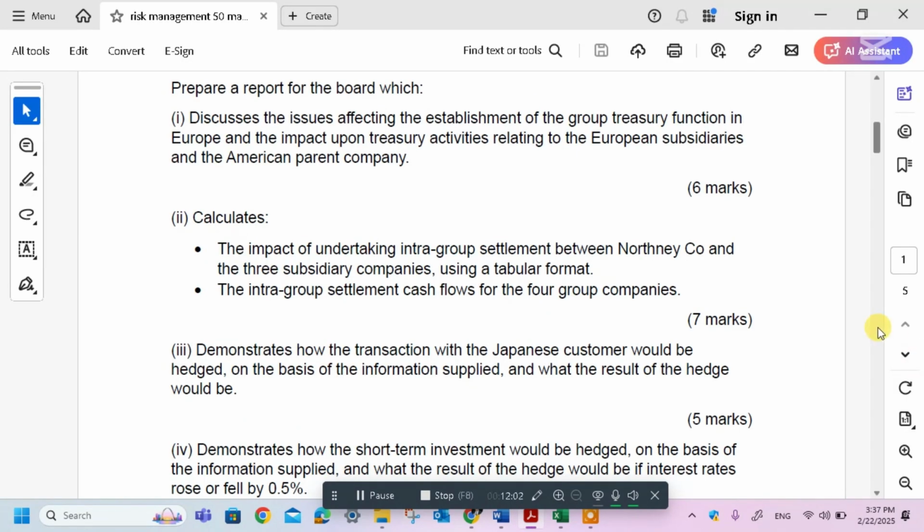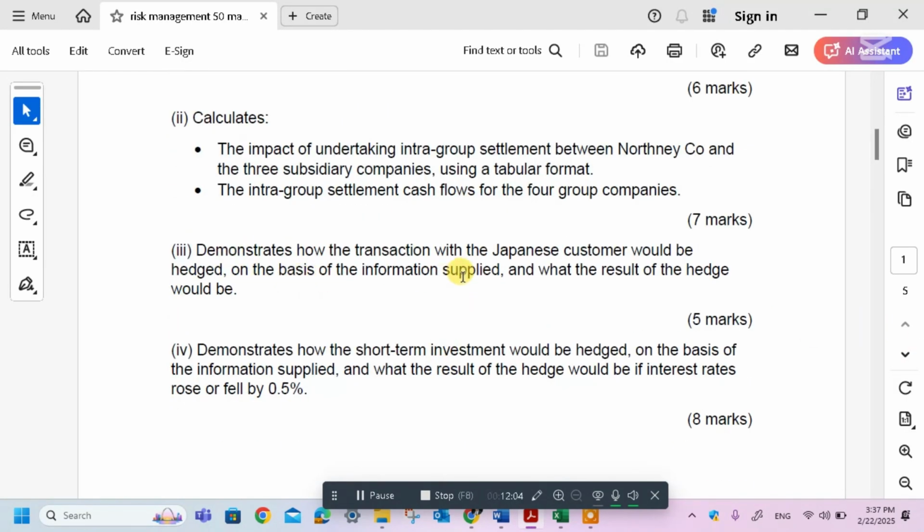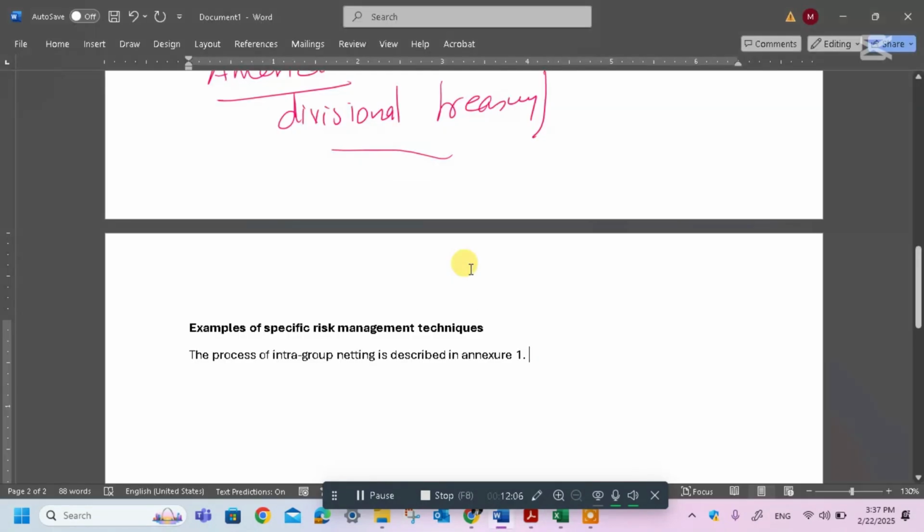What else do we have? This one. The outcome of hedging the foreign currency, the JPY, Japanese yen receipt, using currency futures is calculated in annexure 2.